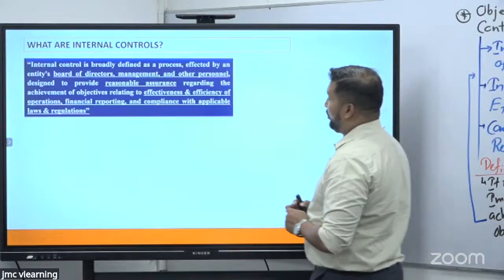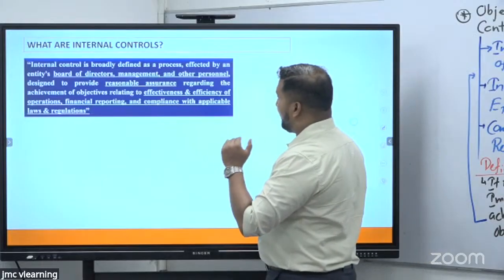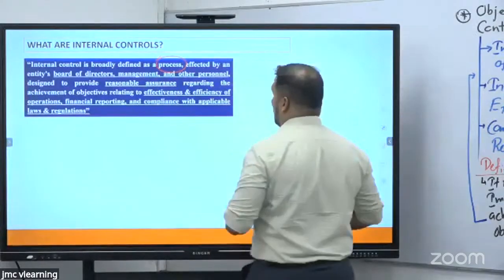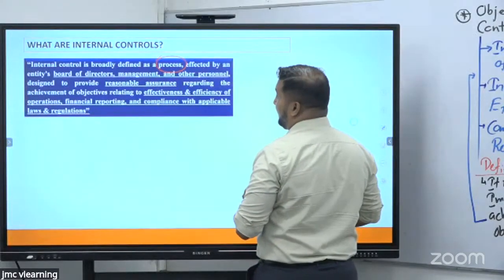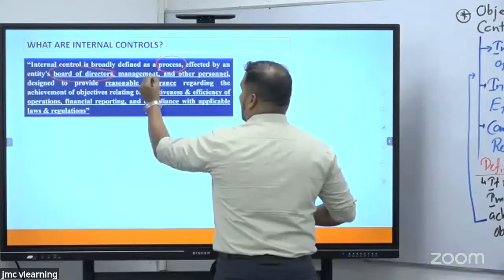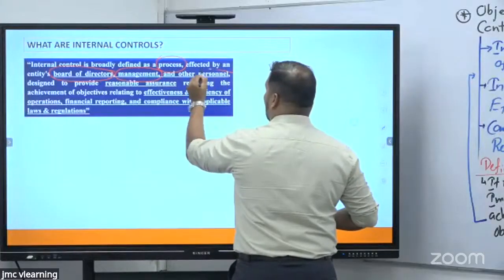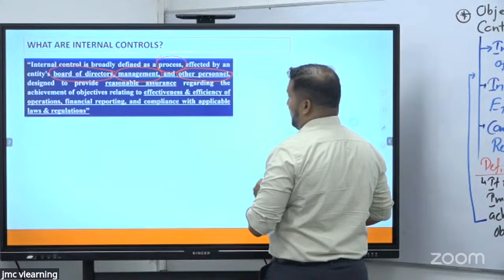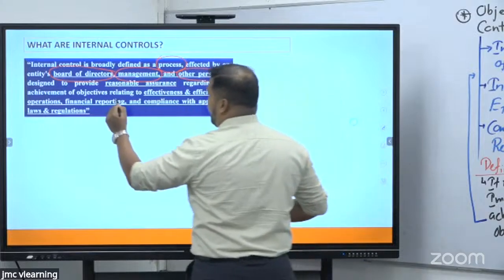Internal control is broadly defined as a process, as we discussed, effected by the entity's board of directors, management and other personnel, designed to provide reasonable assurance regarding the achievement of the objectives.